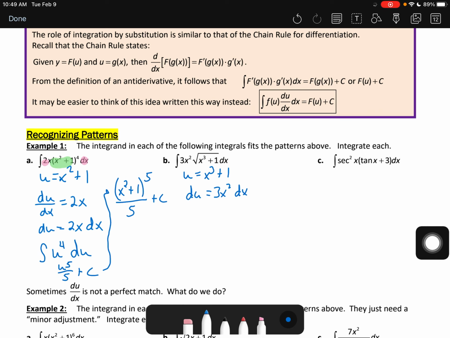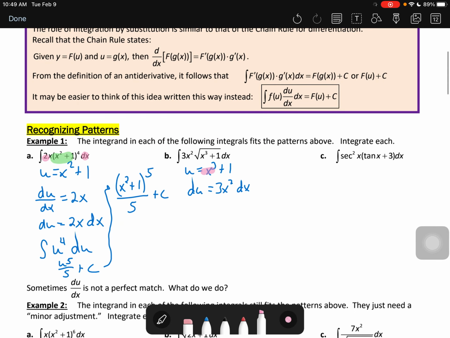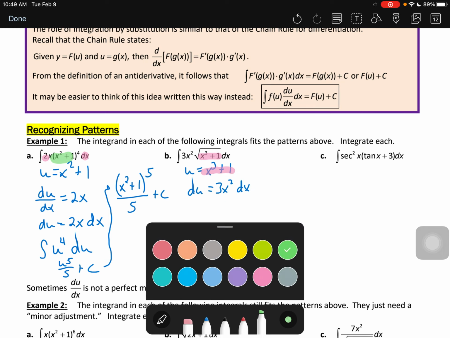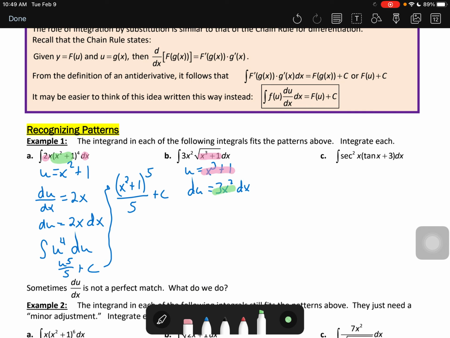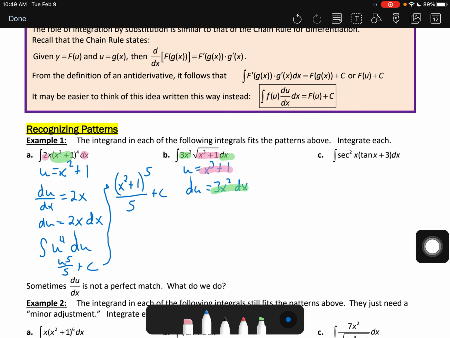Okay, and now look at the parts that I have. I'm going to highlight these again. So I've got the x cubed plus 1 right there. That's going to become a u, and the 3x squared dx right there is going to get substituted with du. So now it's just going to be the square root of u du, and it becomes a much simpler function to integrate.